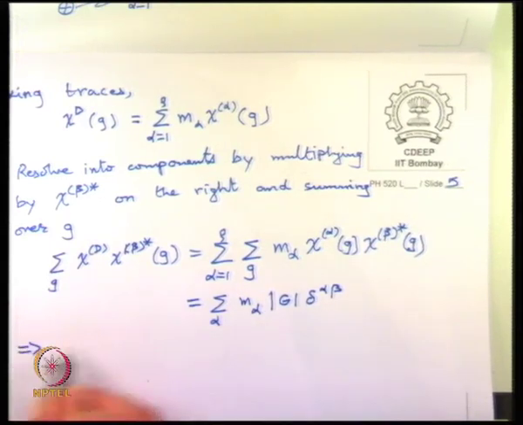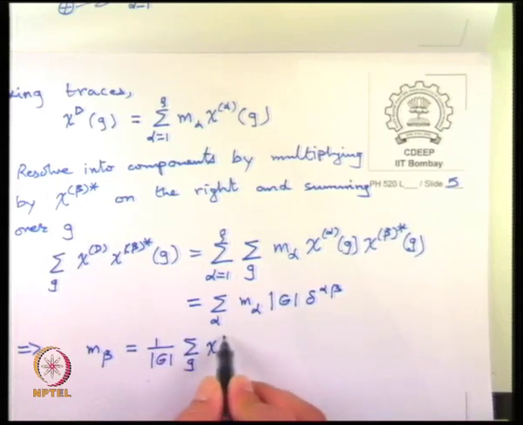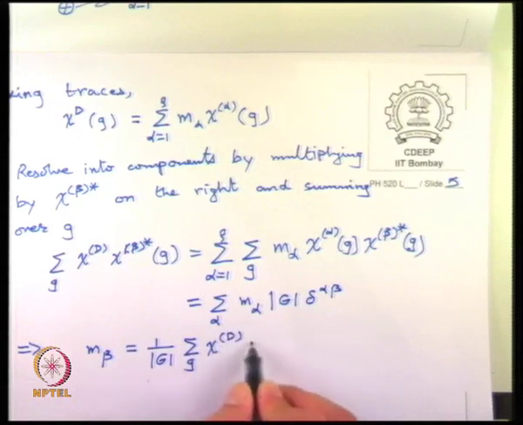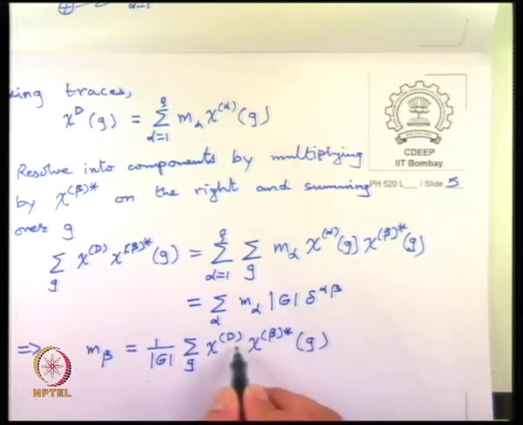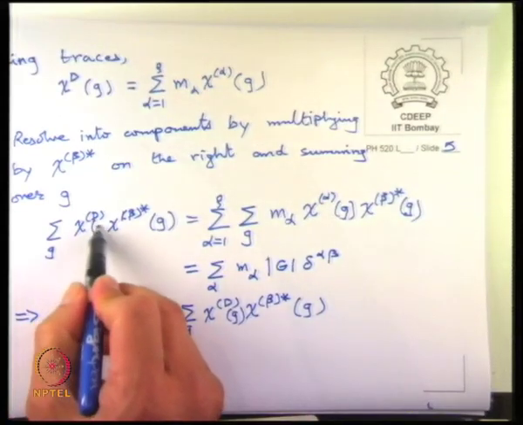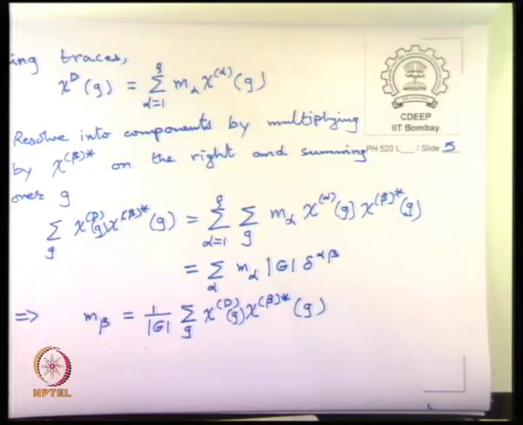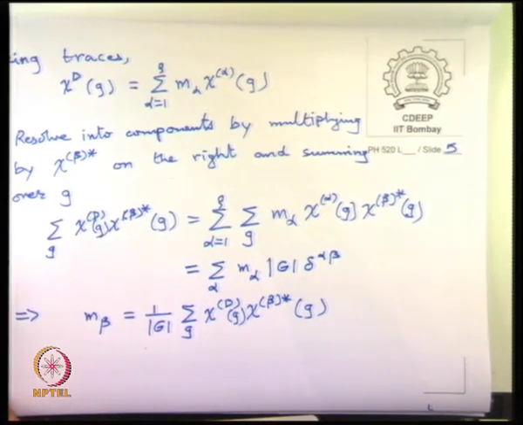So that implies m beta can be extracted as 1 over the order of G, sum over G of chi D of G times chi star beta of G. So this is a clever thing that one can do.